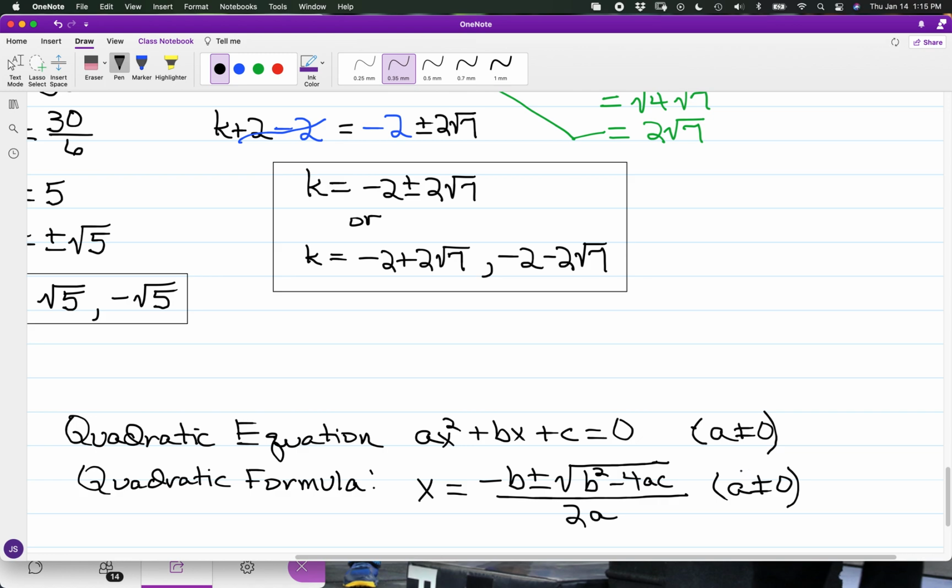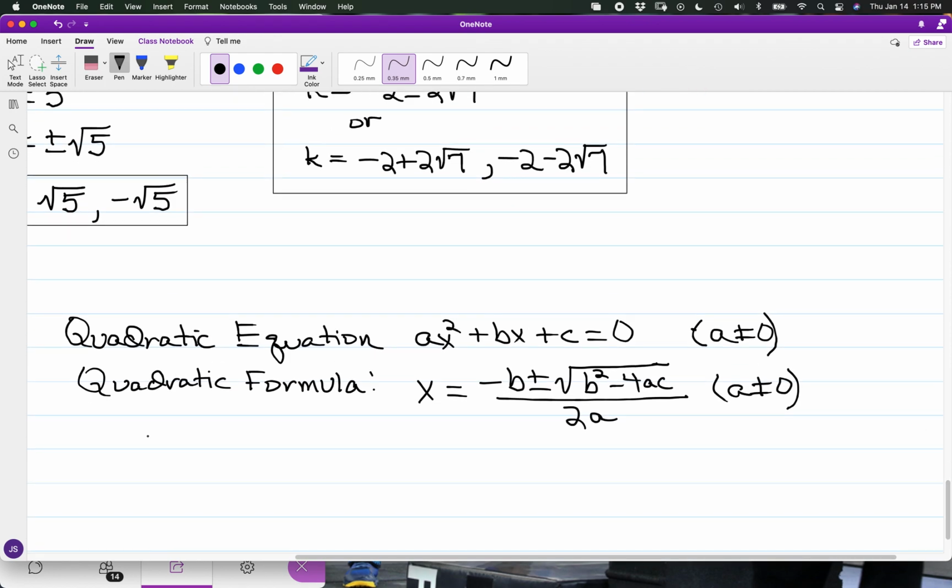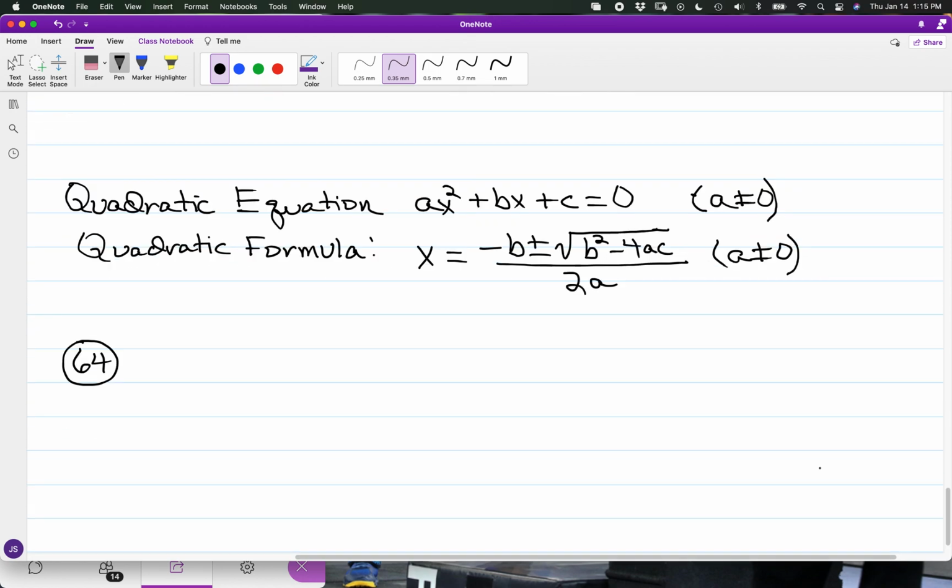Okay, now for the next set of problems, I'm just going to work these in a little different sequencing. Say if I start out with number 64.